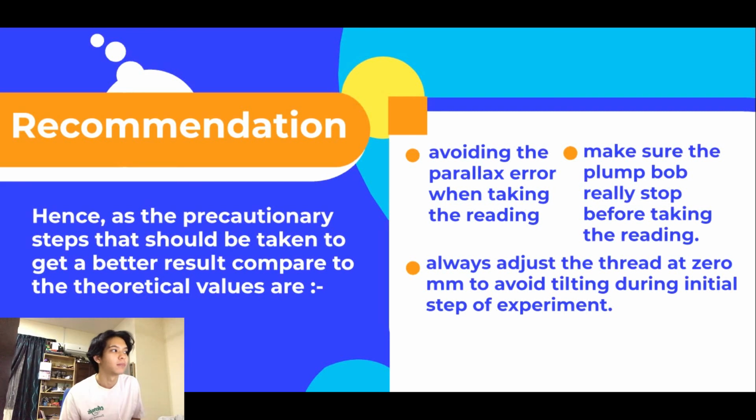We can also make sure the plumb bob really stops before taking the reading, and always adjust the thread at 0 mm to avoid tilting during the initial step of the experiment.